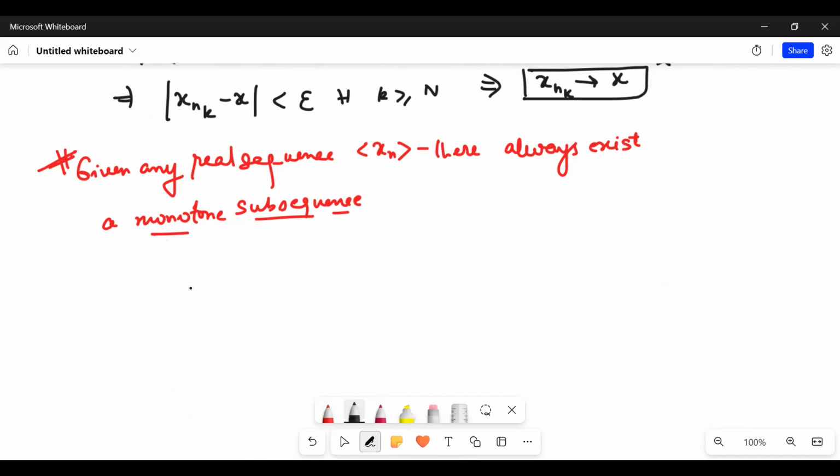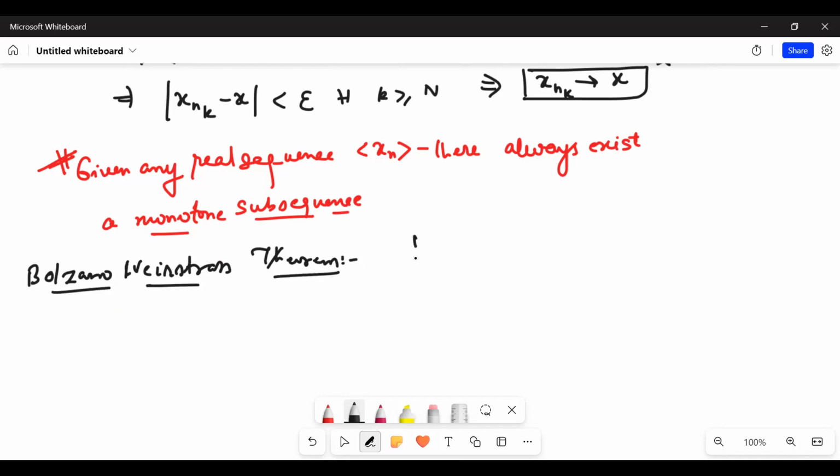Now let us try to do one more thing. It is called the Bolzano-Weierstrass theorem. And what does it suggest?